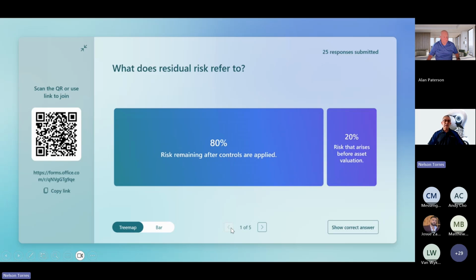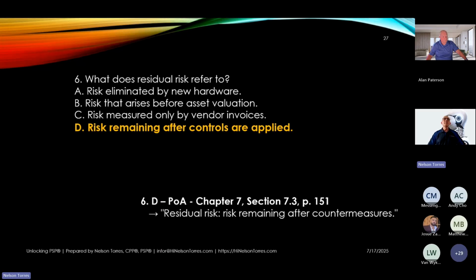For example, in this case, what does residual risk refer to? 20% of the people that answered the question say risks that arise before asset valuation. But the correct answer is risk remaining after controls are applied. That is the definition. Let's go there. And we have another question there.